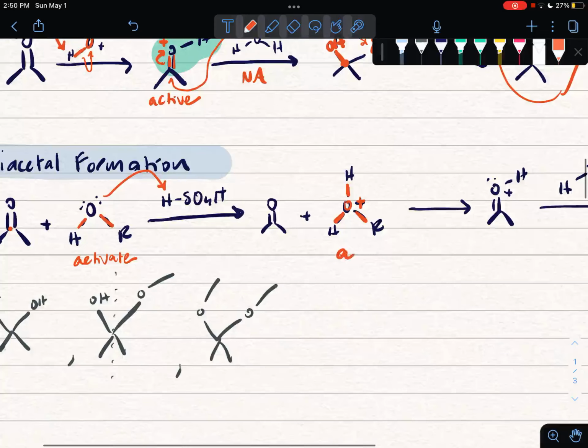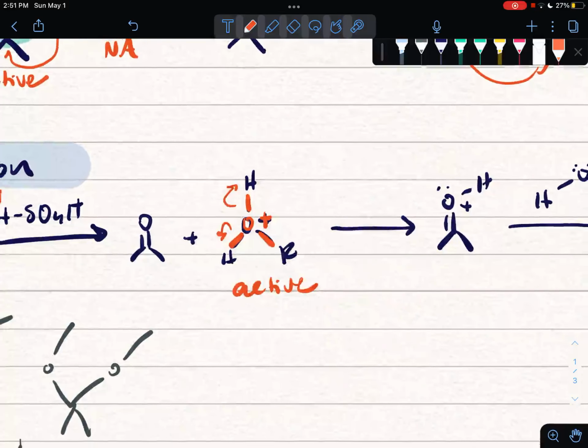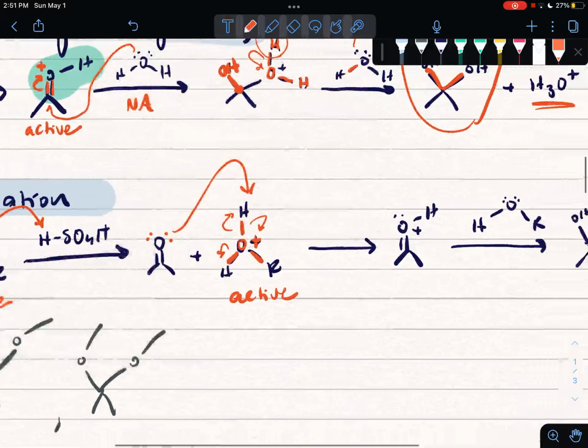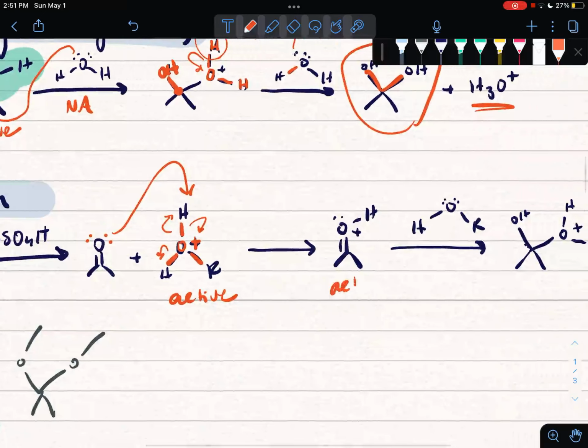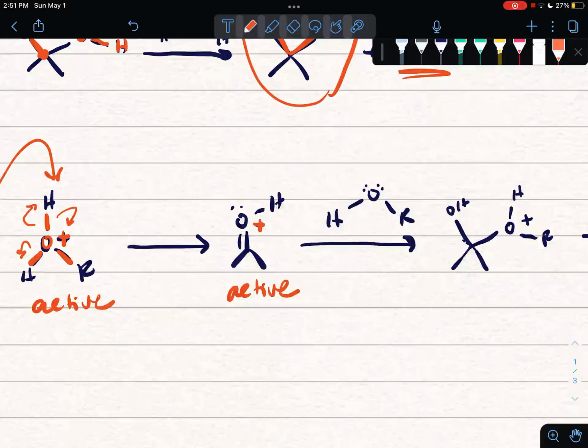And that's good, because now this is active and ready to react, and also ready to dissociate any of its hydrogens, really. So that means that our carbonyl group can grab a hydrogen from solution and become active itself. So now this molecule is unstable because our oxygen is positive.